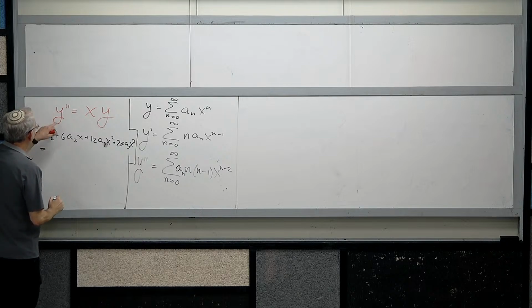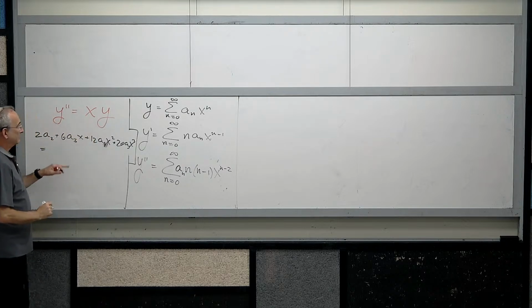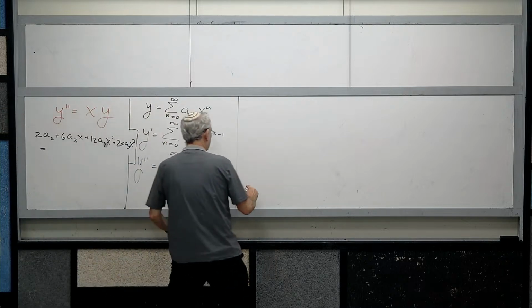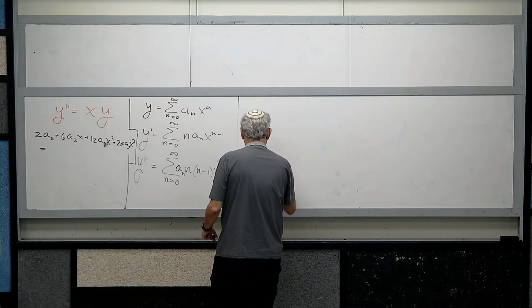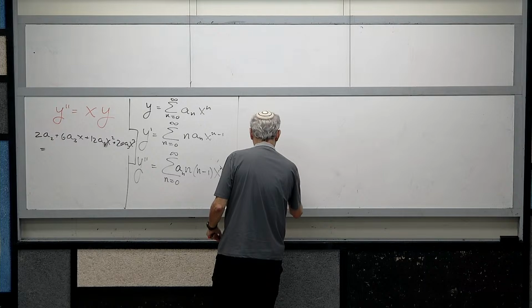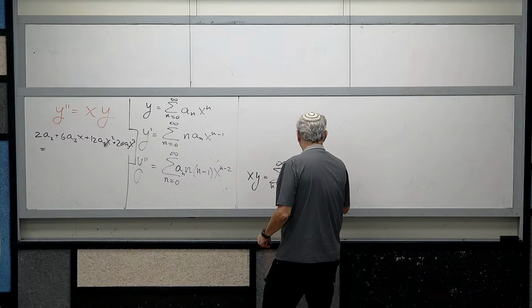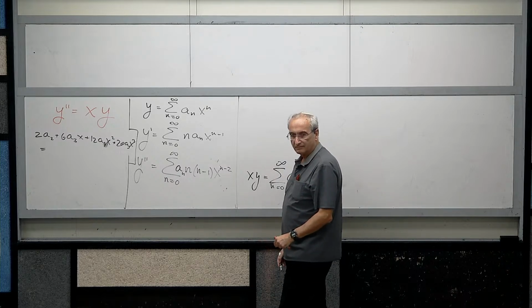Equals to, so this is y double prime. Equals to what? x times y. What is x times y? a0 x. Right? We can write it here. x times y is the sum from n equals 0 to infinity of a_n x to the power of n plus 1. Okay?